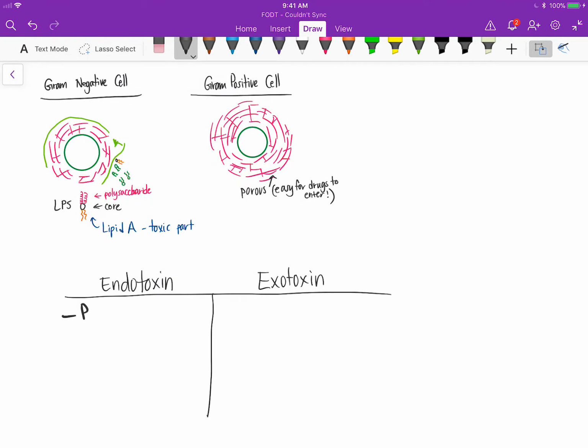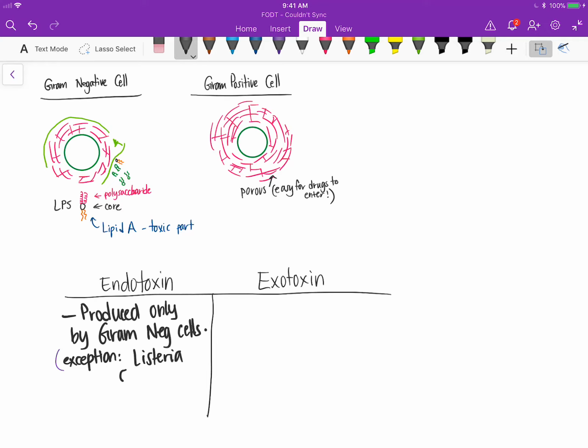Endotoxin is produced only by gram-negative cells. The exception is Listeria. So except for Listeria, which is a gram-positive cell.